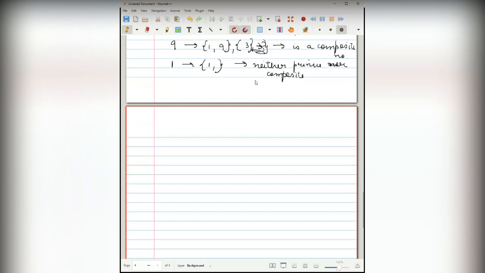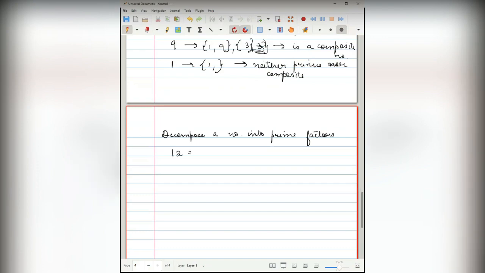Okay. So there is one thing that we should know here. This is known as decomposition into prime factors. We can decompose a number into prime factors. Let's say you have 12.